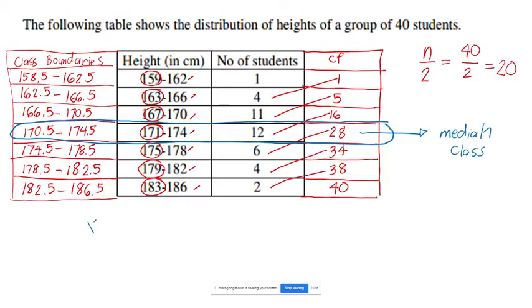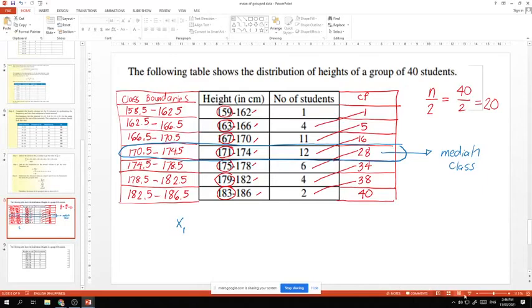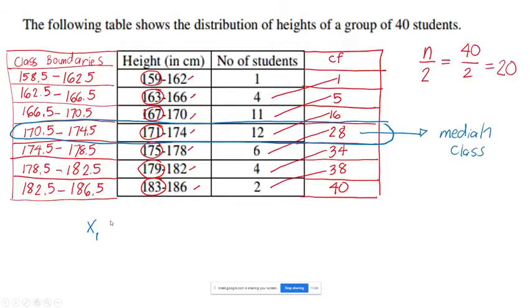So take note, our median class. What is the value of our L? I'm going to substitute everything right away. 170.5 is our L. I am simply using the formula.